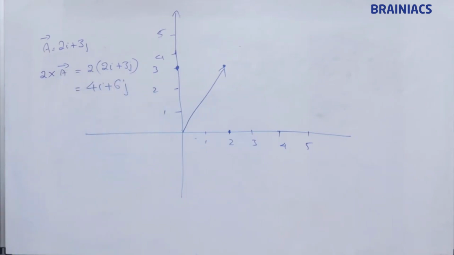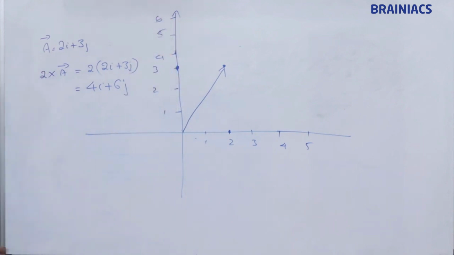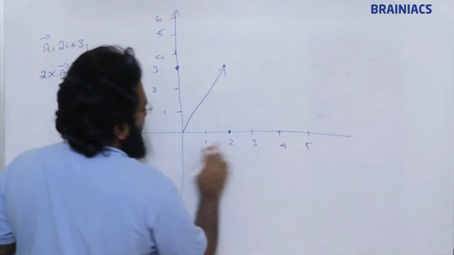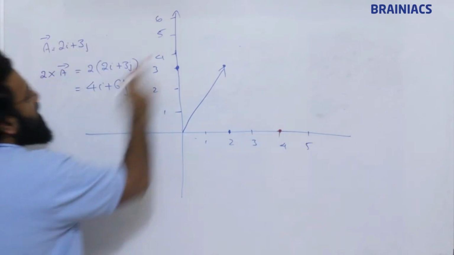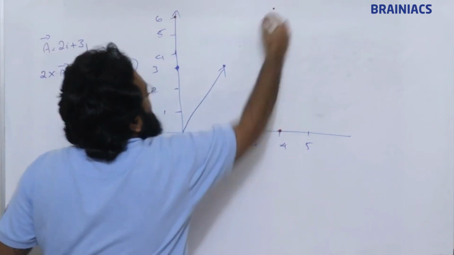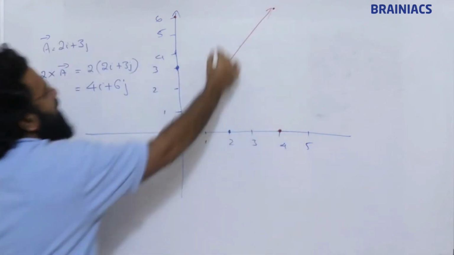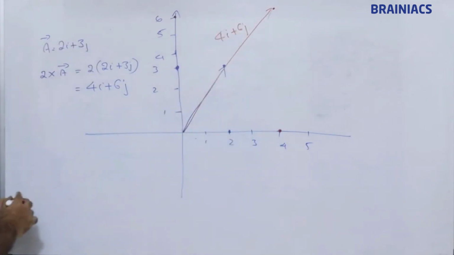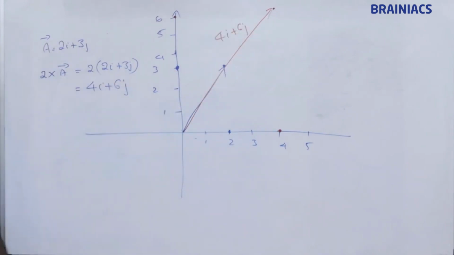If I need to draw this vector, how can I draw it? 1, 2, 3, 4 is the x component, and 6j means here it is going to be. Now if I draw this vector, this is 4i plus 6j. Clear? Likewise, if I multiply, I can increase the magnitude. Direction is the same.